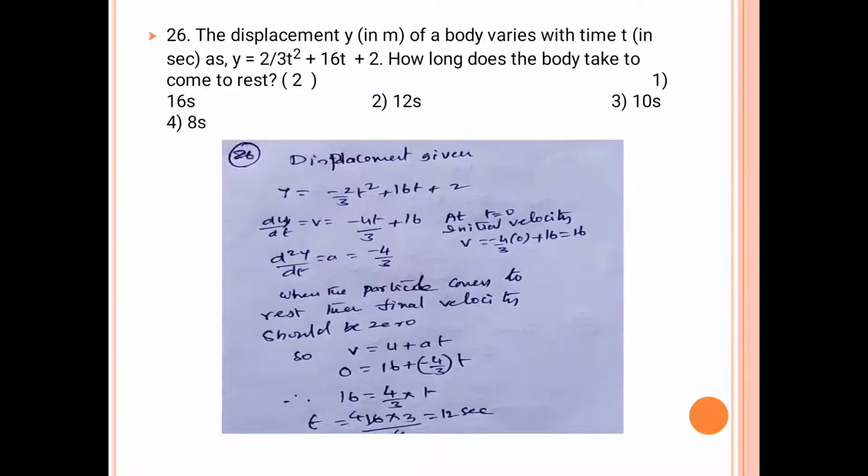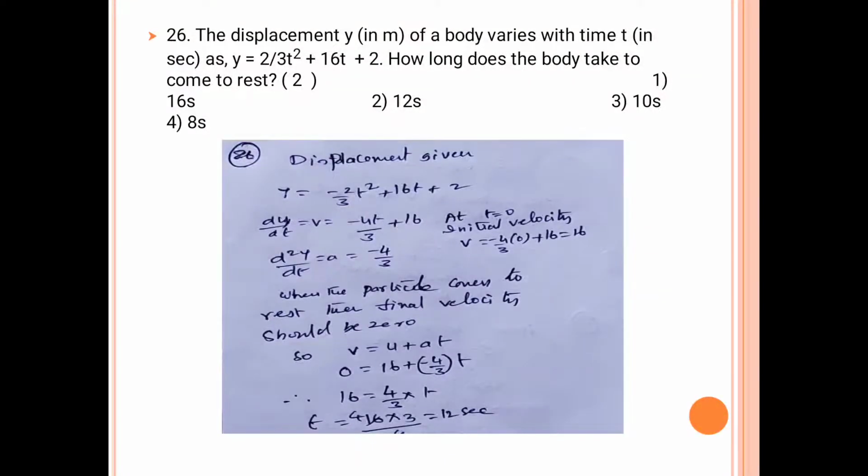Here we have calculated the initial velocity by putting t = 0 as 16, and we have arrived at acceleration −4/3. Using the formula v = u + at, where v = 0 when it comes to rest, then u = 16, that we have got as initial velocity by putting t = 0.